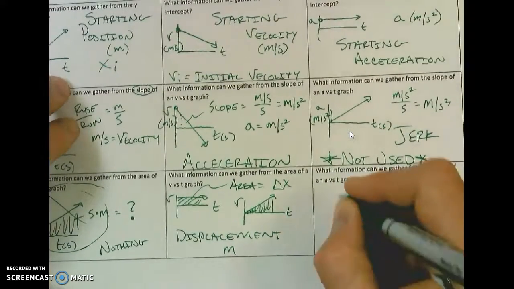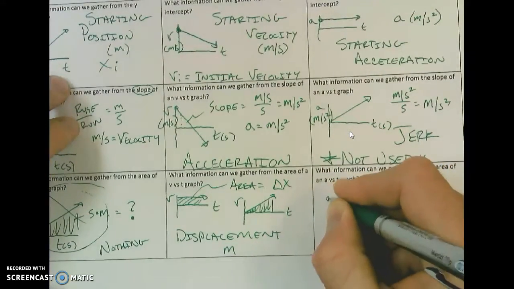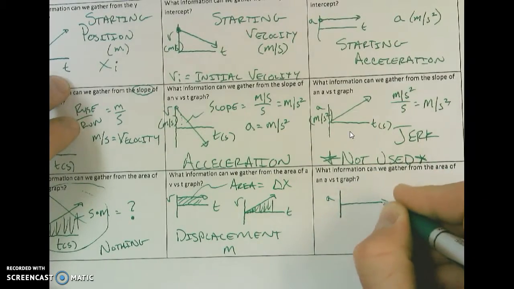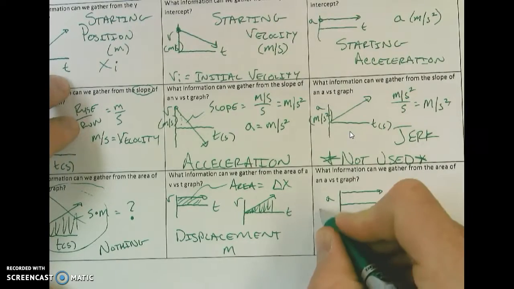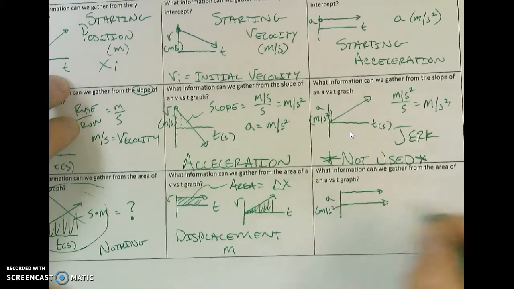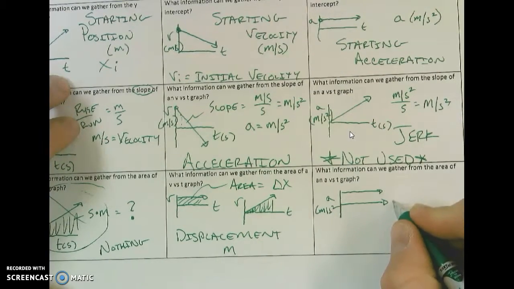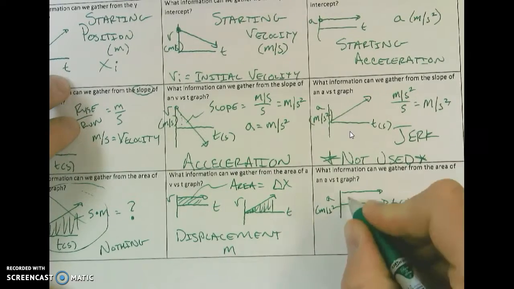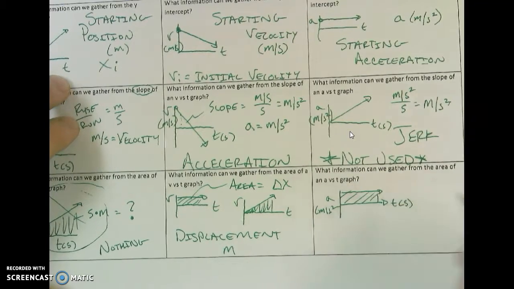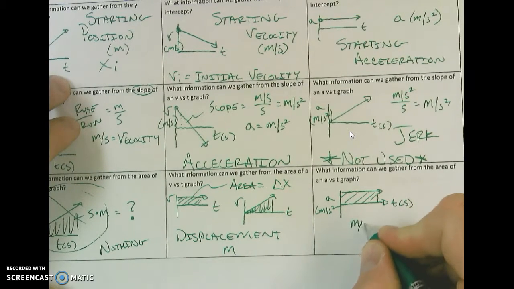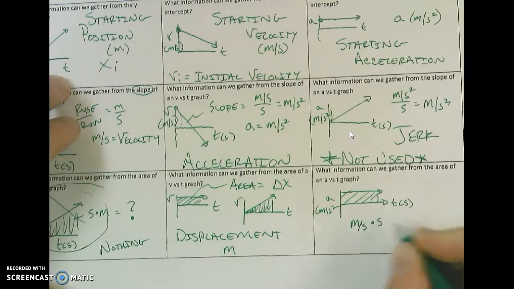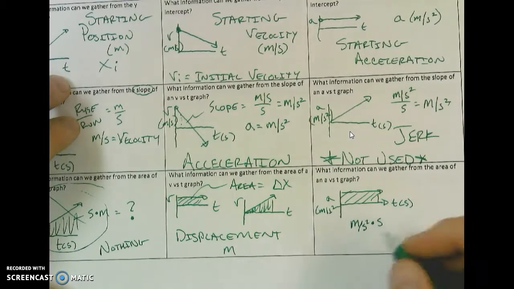Now the last part, if I have an acceleration graph, and let's draw one that looks like what we would have. So if this is my acceleration, meters per second squared, and this is my time in seconds, okay, if I were finding the area here, I would effectively be multiplying meters per second squared times seconds.